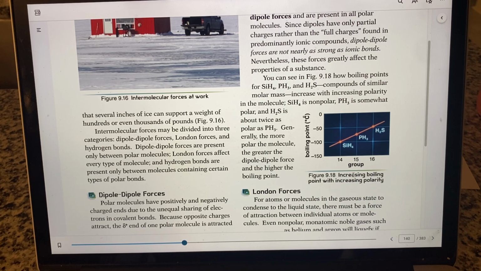So if it's a more polar molecule, it has a higher force, and you can see the higher boiling points for those. The more polar the molecule, the greater the dipole force and the higher the boiling point. So that's the first one.